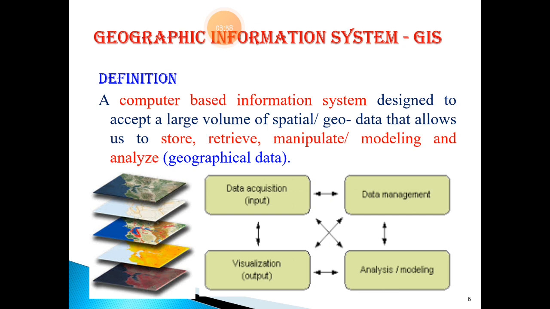So, GIS can be defined as a computer-based application wherein the geographic or earth data is collected, stored, manipulated, retrieved, or analyzed. The collection of data is by many techniques. One of it is remote sensing, which we have learnt already.